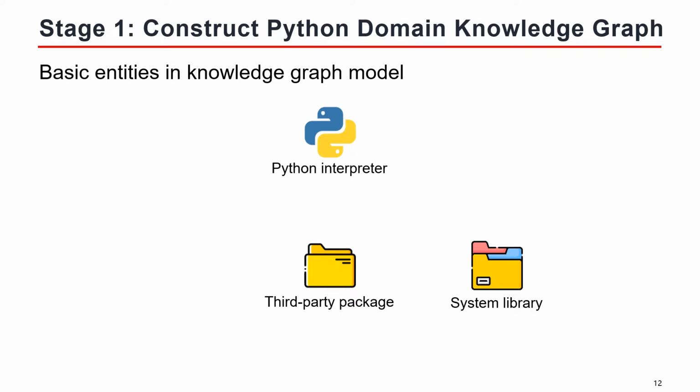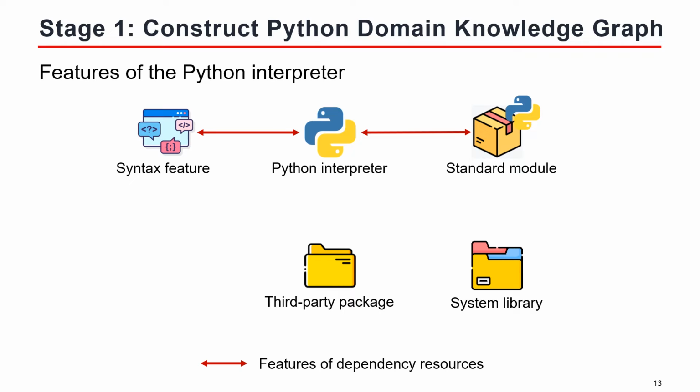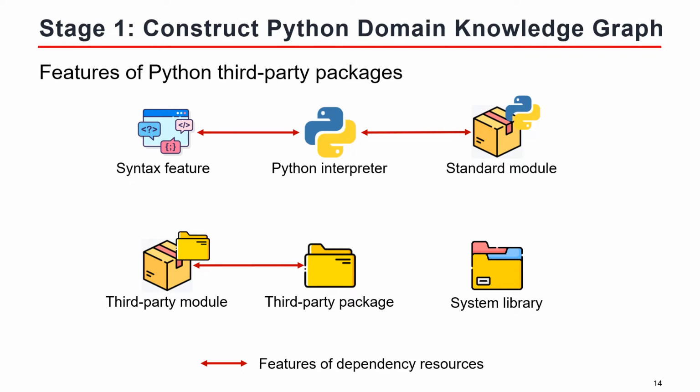The three types of dependencies, packages, libraries, and the interpreter are considered as the basic elements of the graph model. Python interpreters support syntax features and contain multiple standard modules. Third-party packages are identified by their contained third-party modules.